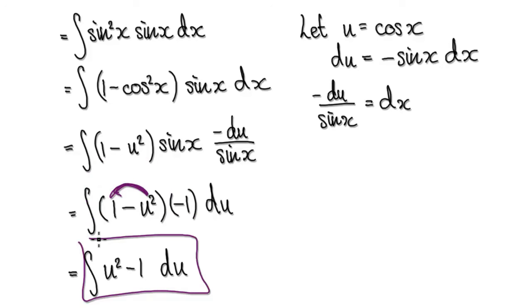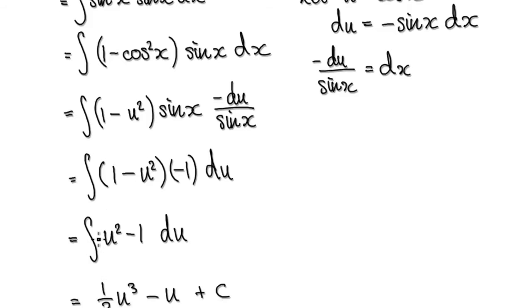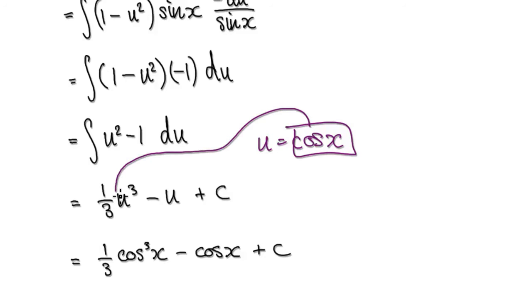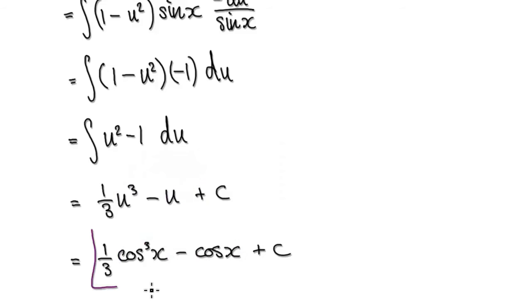So that will then give us this, and then now integrate this, that will then give us this, integrate this, that will then give us this, and then earlier we said u equals cos of x, so we could put this cos of x into this u here, that will then give us this, put this into the u here, that will then give us this. So the final answer is this.